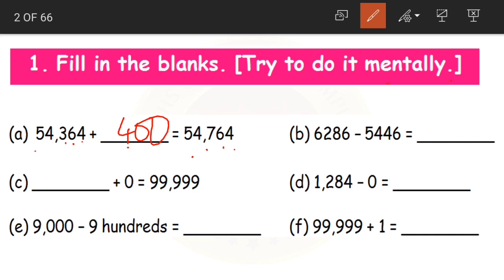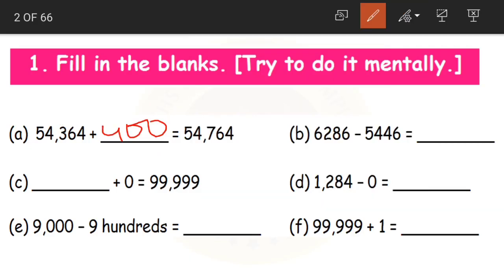Students, how did we do this mentally? We observed that only the digit in hundreds place is changing. So what did we do? We took only the digits in hundreds place and then subtracted them to get this 400. Clear children? 364 plus 400 gives us 764.